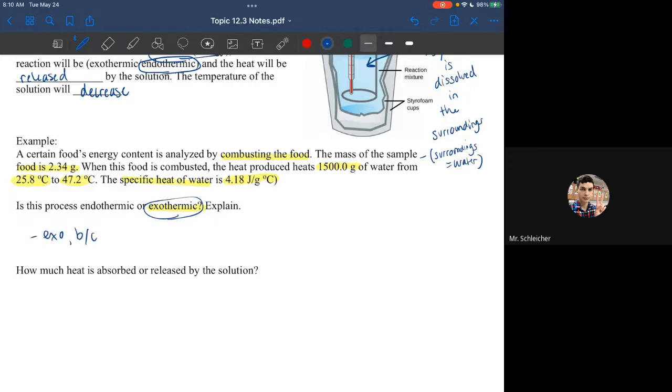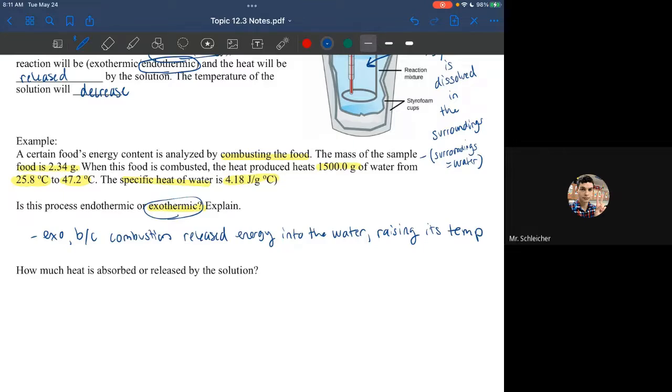And we'll say it's exo because the combustion of the food, I'll just say combustion, released energy into the water, raising its temperature. So since we measured the temperature being raised, we can say that must have been exothermic because energy got released by that food being combusted.